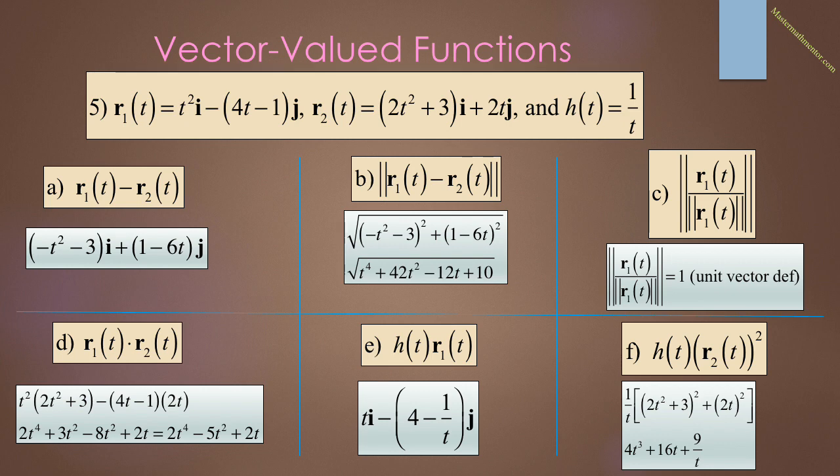Expanding that, we get 4t to the fourth plus 12t squared plus 9 plus 4t squared. And multiplying that expression by 1 over t, we get 4t to the third plus 16t plus 9 over t.